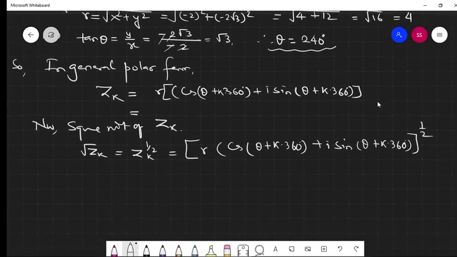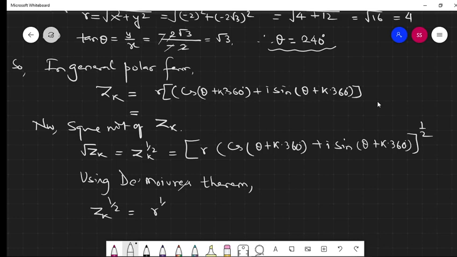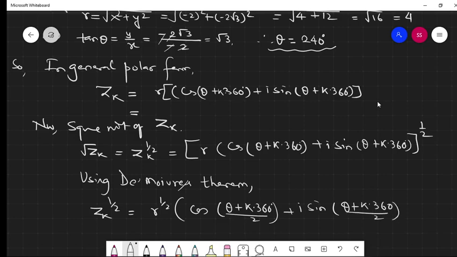Then using de Moivre's theorem, zk to the power 1 by 2 equals r to the power 1 by 2 times cos of theta plus k times 360 by 2, plus i sin of theta plus k times 360 by 2.